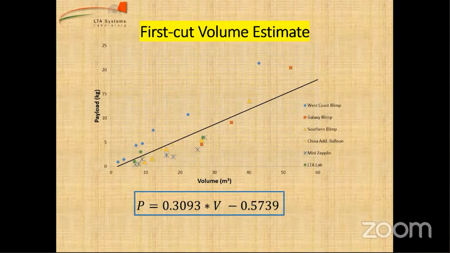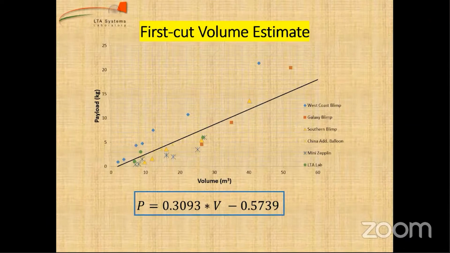This black line is a trend line and the individual points are the values the study has obtained. This trend line gives a relationship between the payload and the volume.